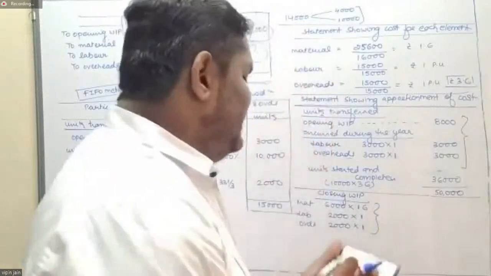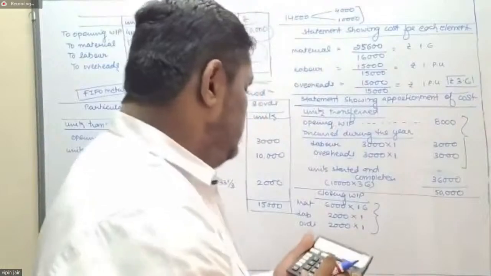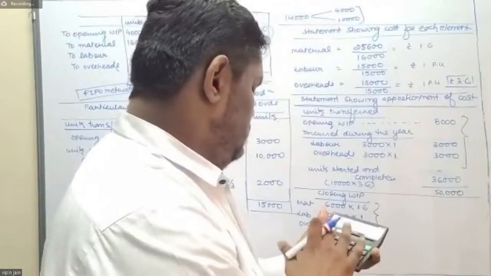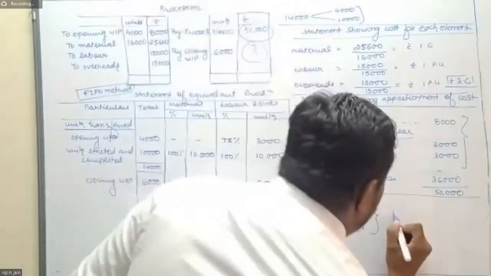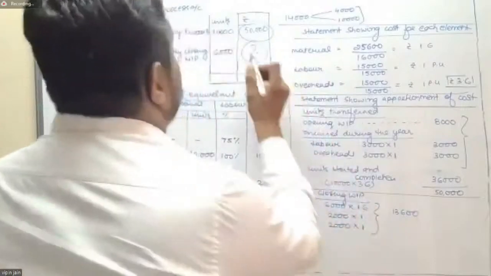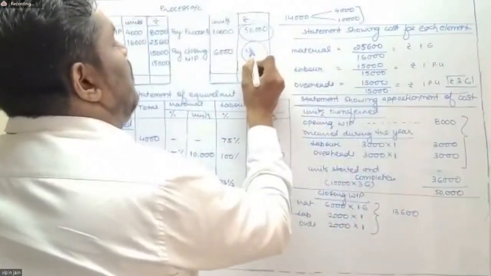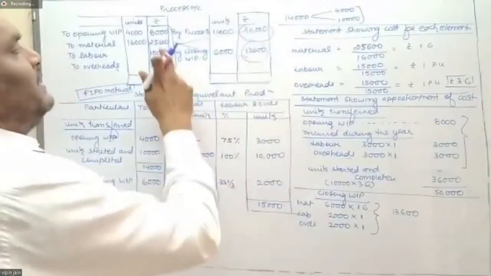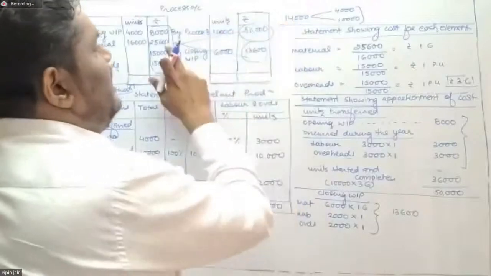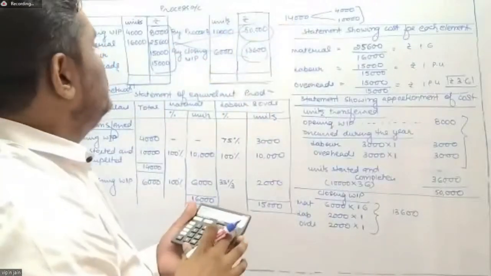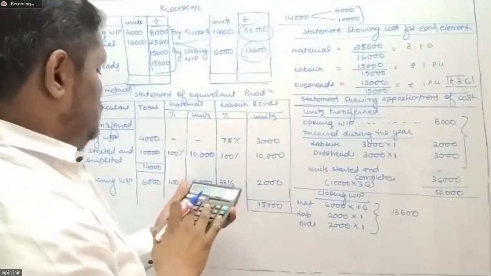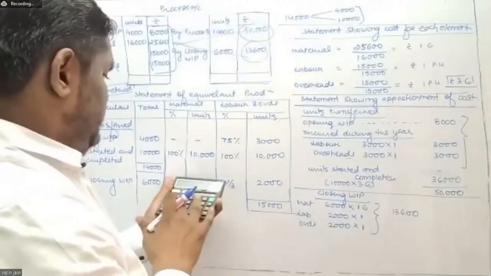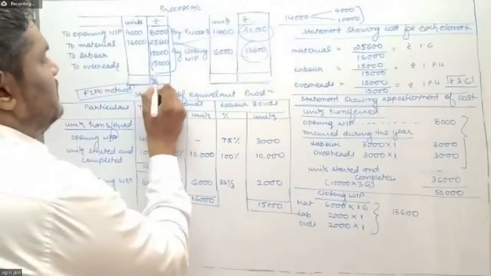So the value of closing work in progress will be 13,600. So this is how this total cost is apportioned among these two. That is 50,000 is apportioned to process B and 13,600 is apportioned to closing work in progress. So the total tallies, that is 8,000 plus 25,600 plus 30,000. That is 63,600.